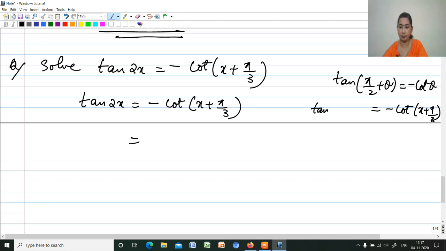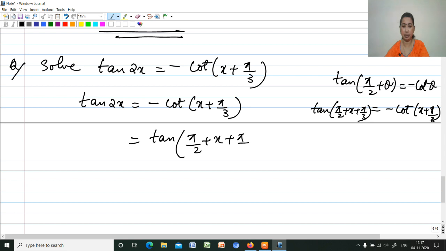So tan of pi by 2 plus x plus pi by 3. Instead of theta I put x plus pi by 3. So here also, instead of minus cot of x plus pi by 3, I can write it as tan of pi by 2 plus x plus pi by 3.